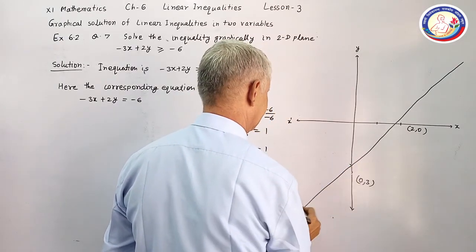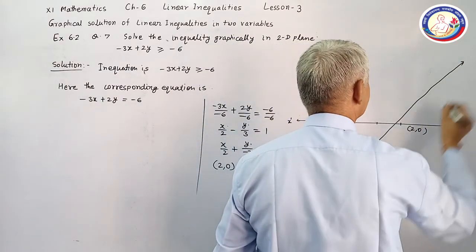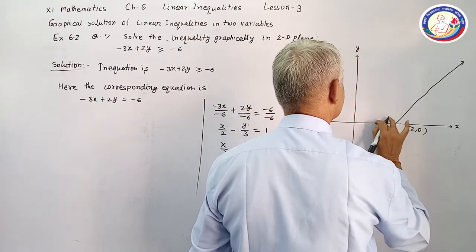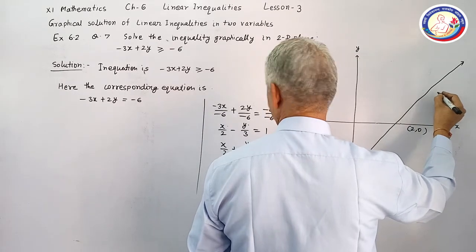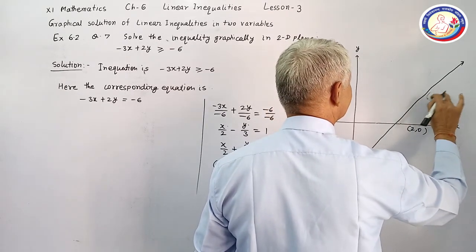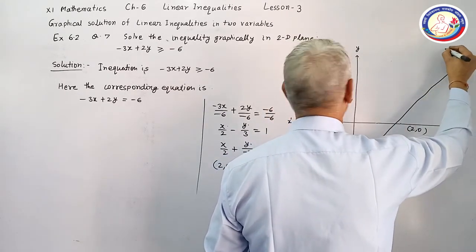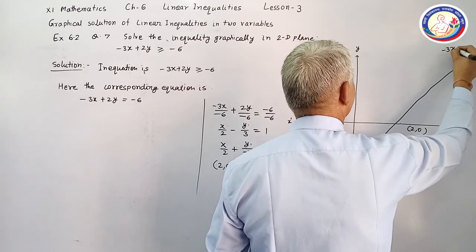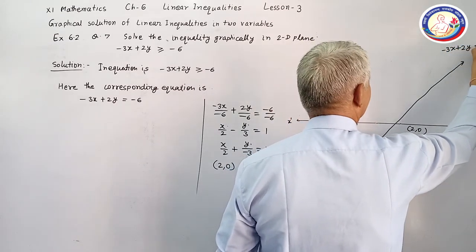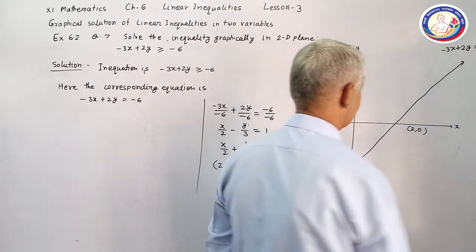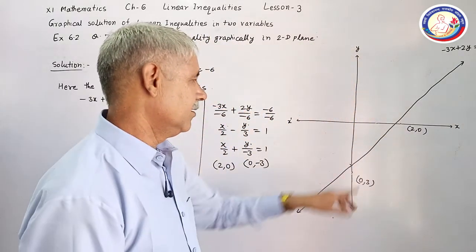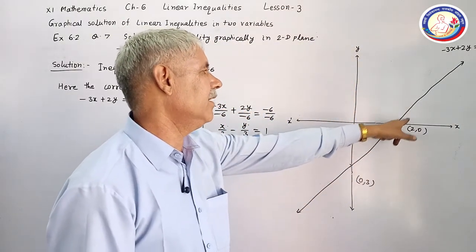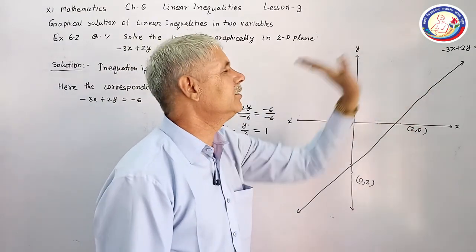So this is 0, minus 3 and this is 2, 0. Each point on this line will be the solution of the equation minus 3x plus 2y is equal to minus 6. Every point on this line will be a solution of this equation.